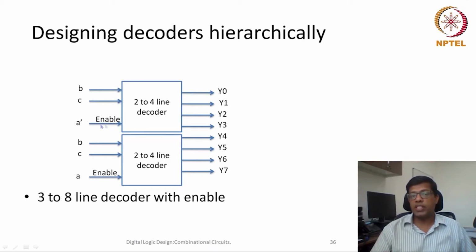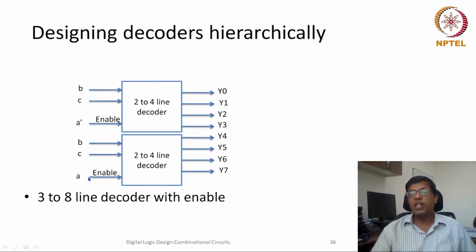So the first one has A dash as enable input, and the second one has A as enable input. That means if A is 0, then this particular one would be active. So B and C would tell me about y0, y1, y2, y3, because A is 0, so this particular decoder is enabled.